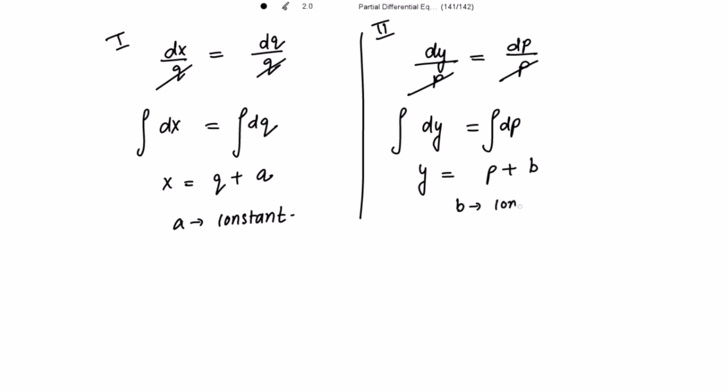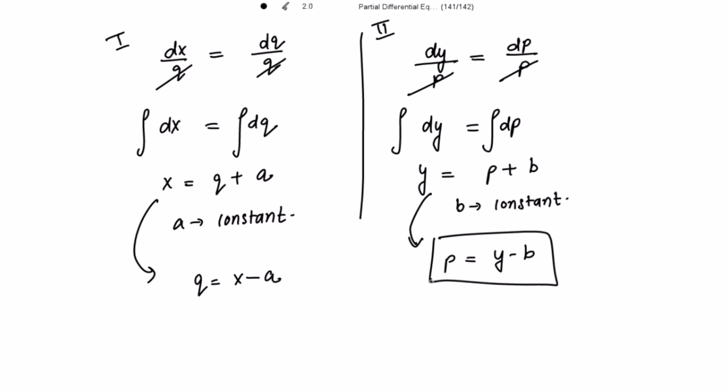B is the constant for this equation. So it is very easy to evaluate. From here I get the value of q to be x minus a. From here I get the value of p to be y minus b. So these are the two values I have got for p and q.